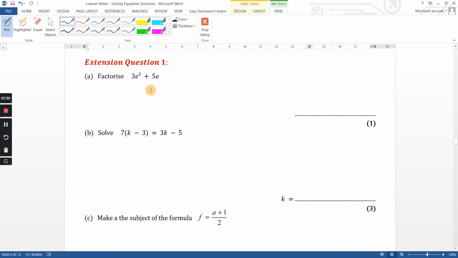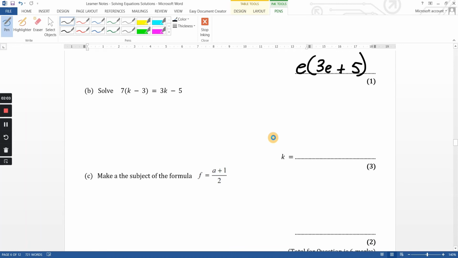I can't take any number out, but the biggest e I can take out is just 1e, open brackets. That leaves you with 3e for that term and plus 5 for that term. If you were to expand this, you should get the original. Yeah, and you do. So that's that one done.